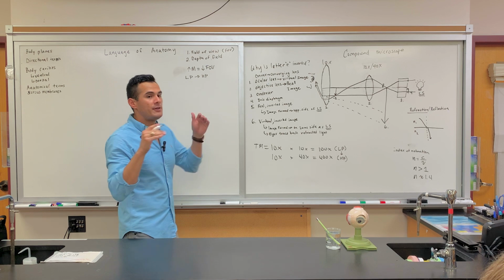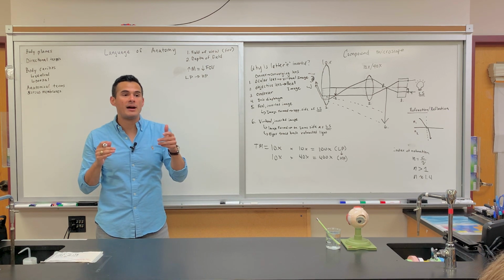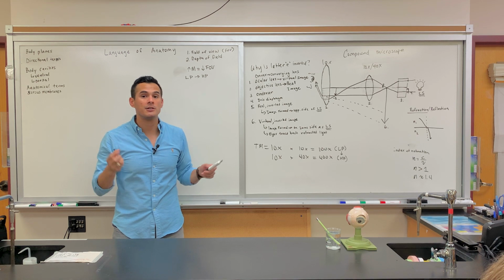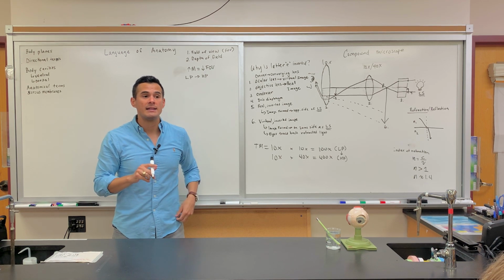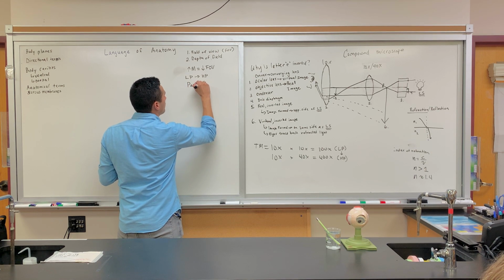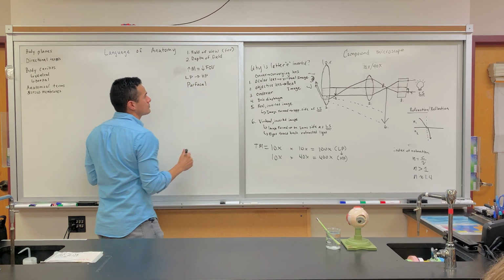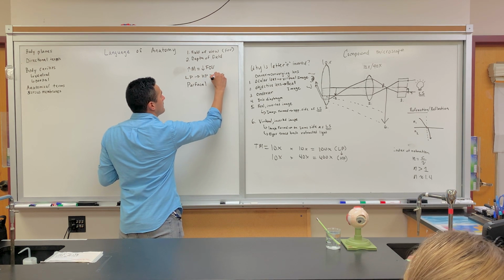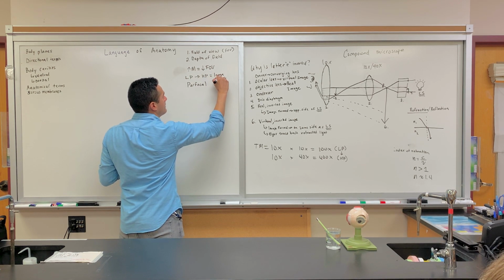So moving from low power to high power, and because the image remains focused, the term we use to describe that is parfocal. So when you switch from low power to high power, the image is mainly focused.